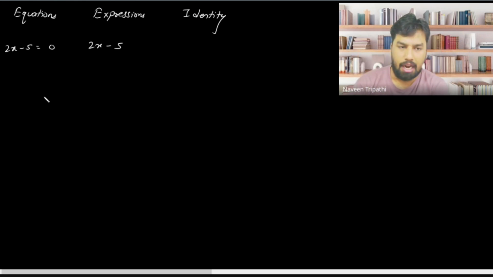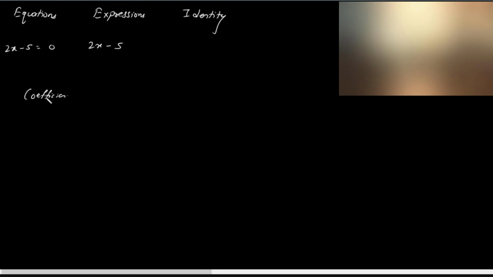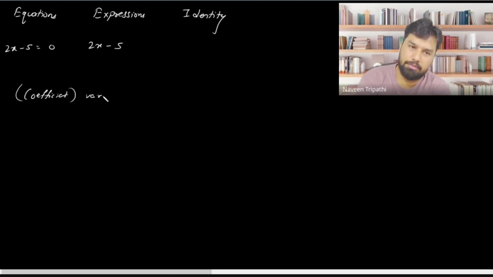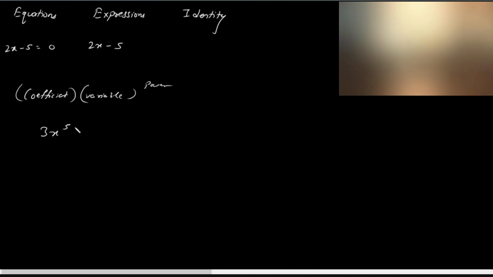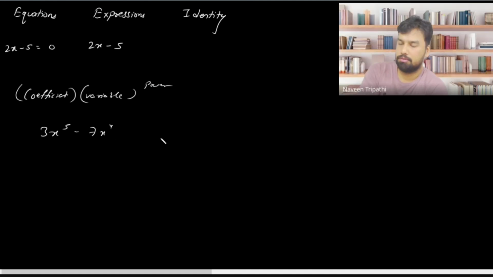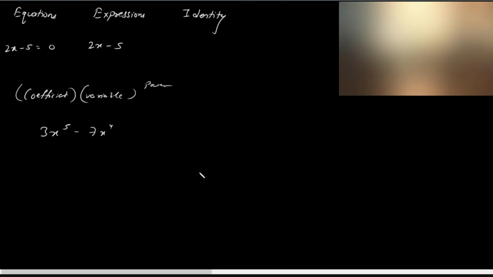If it's a polynomial expression, the term always looks like this: coefficient, then the variable, and then a power. For example, 3x to the power 5, minus 7x to the power 4. So an expression is just some terms of this format clipped after one another with a plus or minus sign.